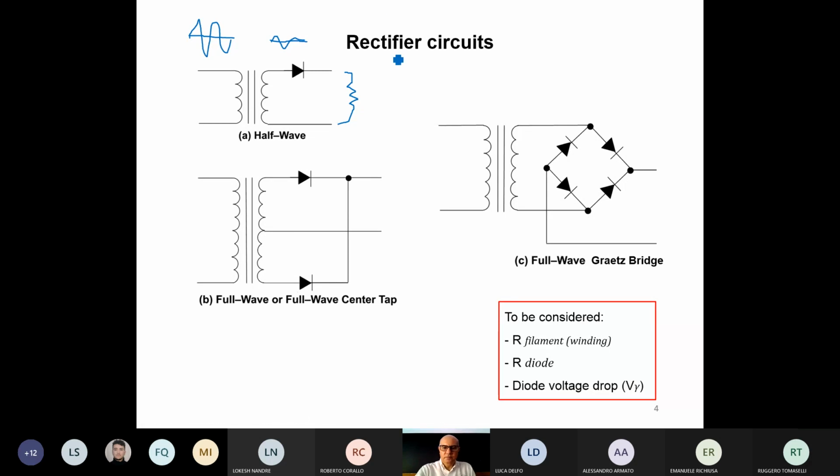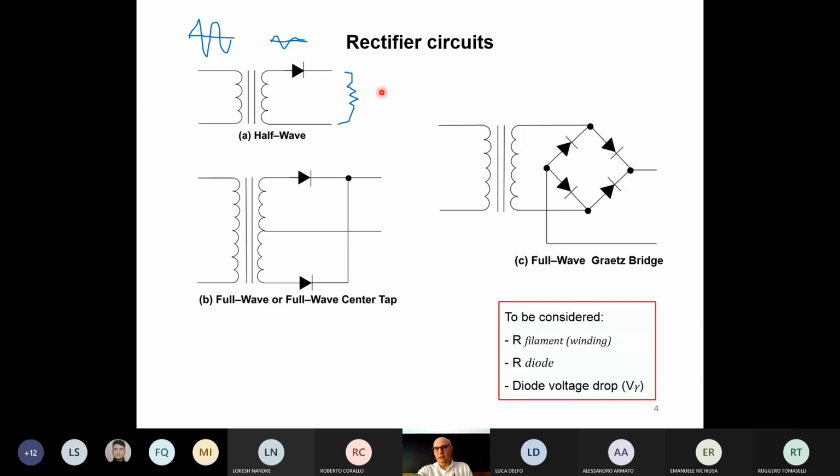In this case, what happens is that only the positive wave will bring the diode into conduction, because we have a positive voltage on top and a negative voltage here. The diode will have a positive voltage on the anode, and so will conduct. This means that this positive wave will pass to the resistor. So on the resistor, you will have the positive half waves of the input voltage.